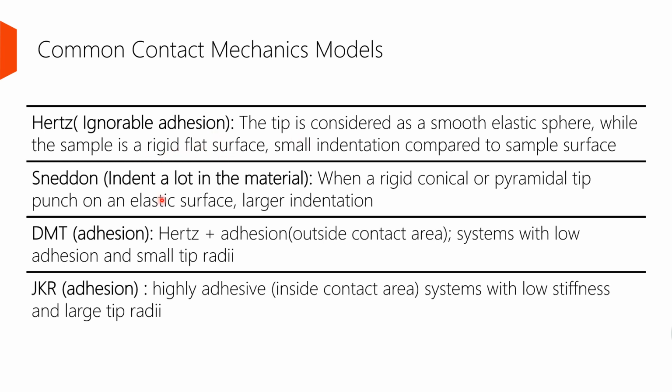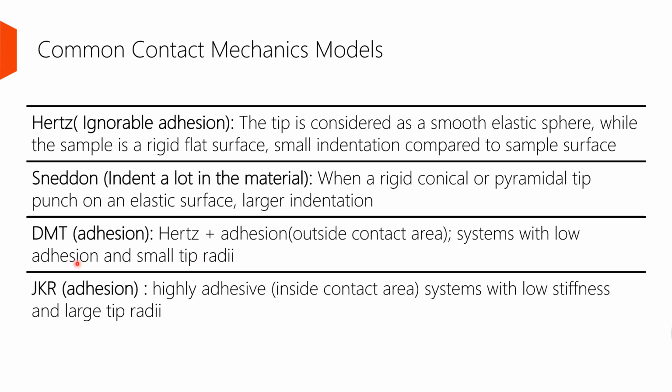The Sneddon model is basically the Hertz model, but instead of an elastic sphere, it's a conical tip or pyramidal tip punching on an elastic surface. In this model, it allows for larger indentation.